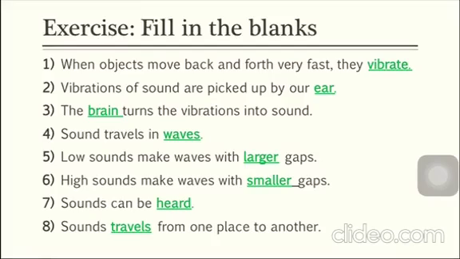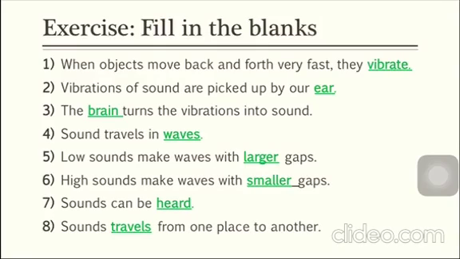Blank number 5 is low sounds make waves with dash gaps. As we have previously discussed, low pitch sounds have larger gaps between each wave. Blank number 6 is high sounds make waves with dash gaps. What is the gap between waves in high pitch sound?